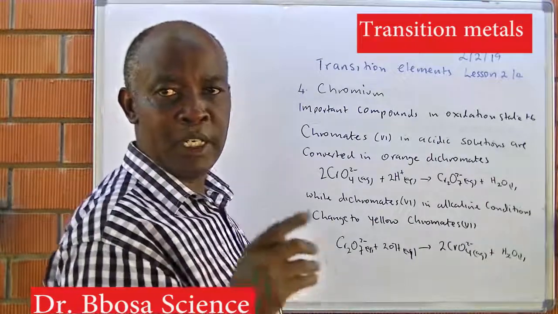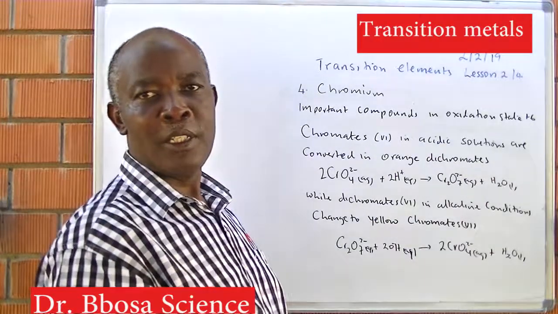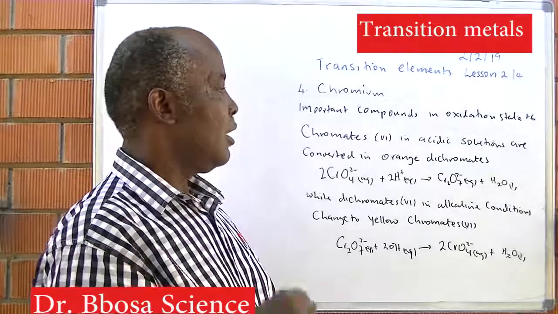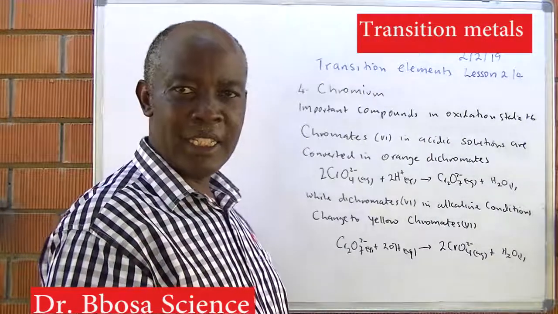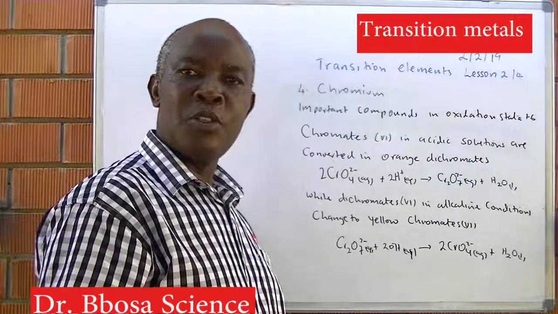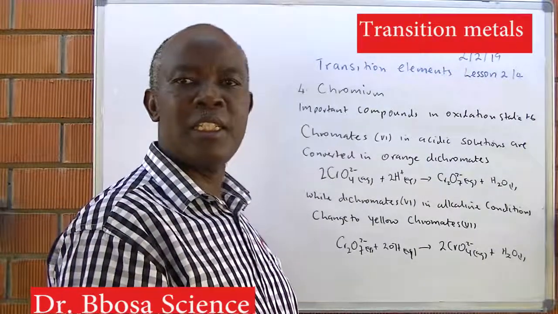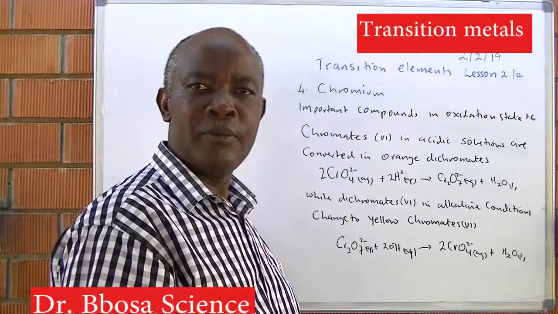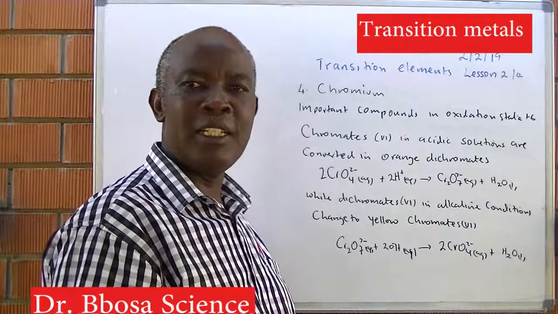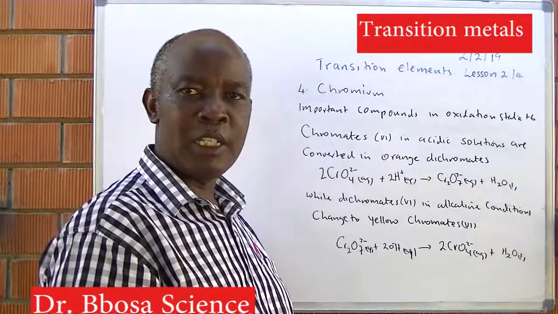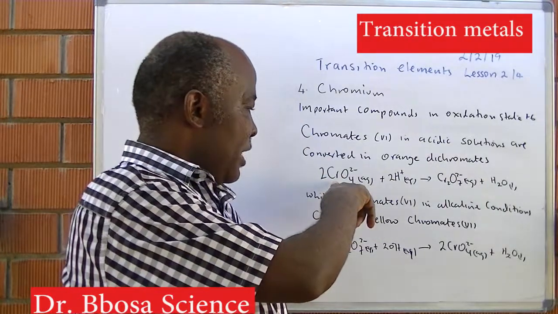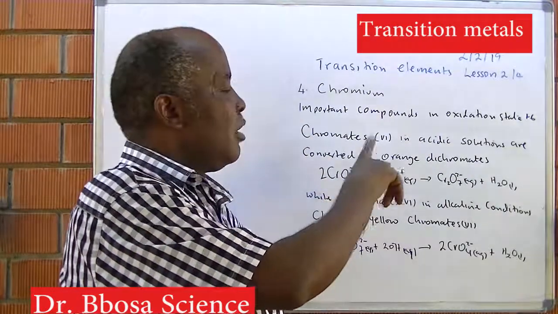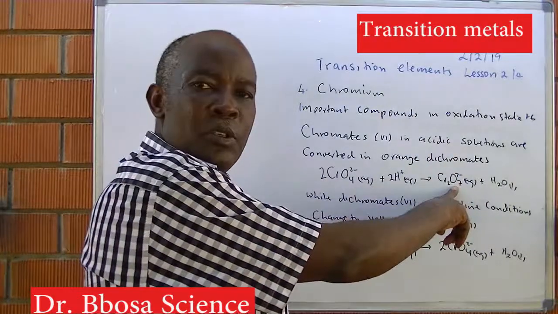So this is a common question. The question may be: state what is observed when an acid is added to sodium chromate(VI) solution followed by excess sodium hydroxide. Then you could see that when you add acid to chromate(VI), which is a yellow solution, it will turn to an orange solution.